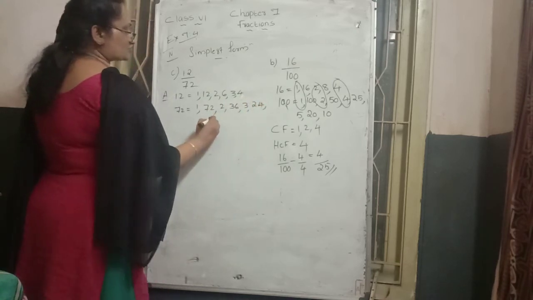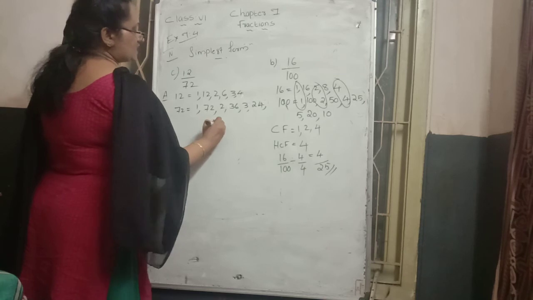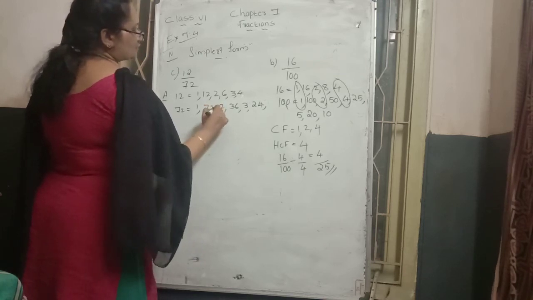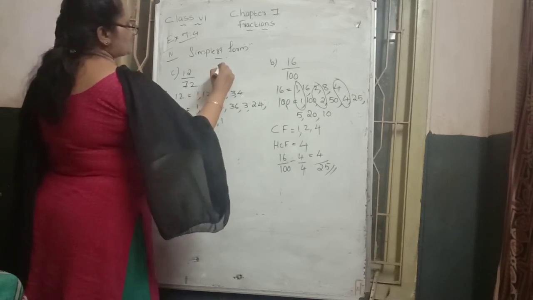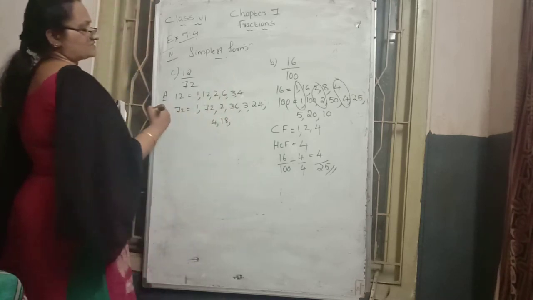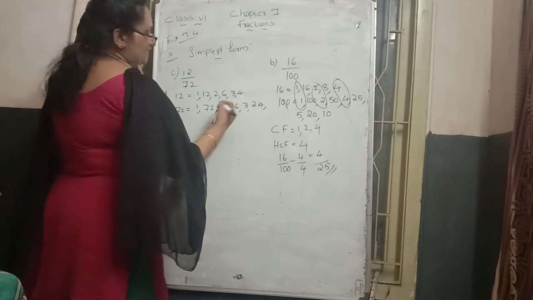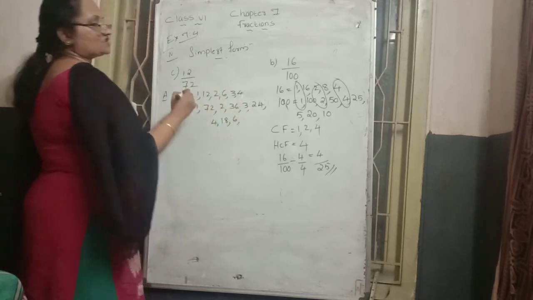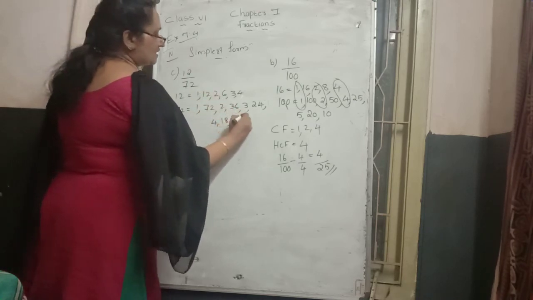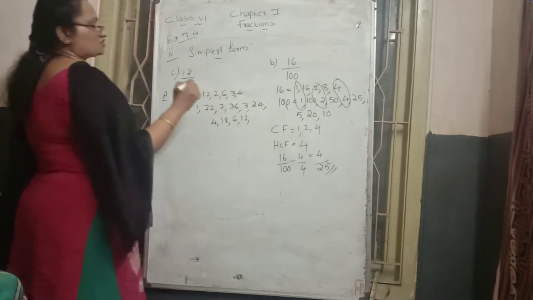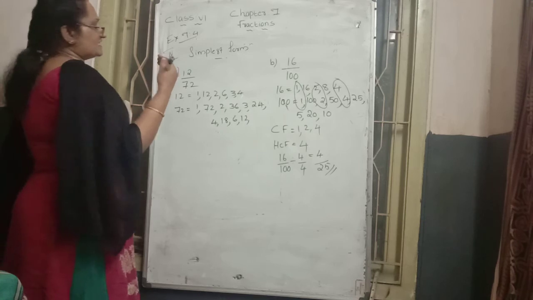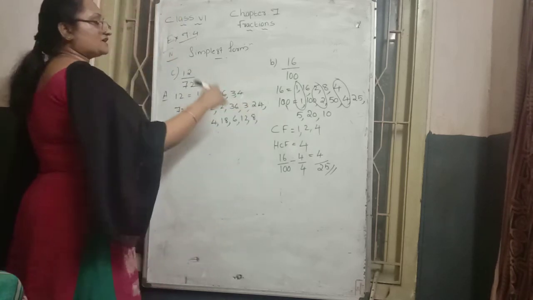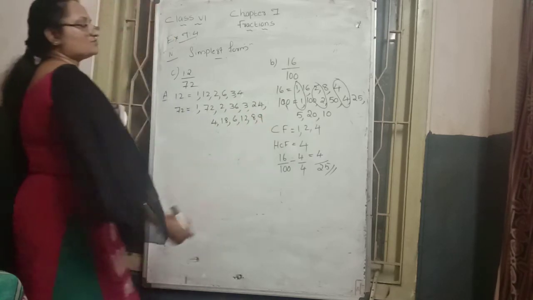Then is it possible to divide by 4 table? 18 times. Next 5 table not there. 6 table, it becomes 12 times. 6 into 12 becomes 72. Then 7 table not there. 8 table, 8 into 9 becomes 72. That's why directly 9 table also.